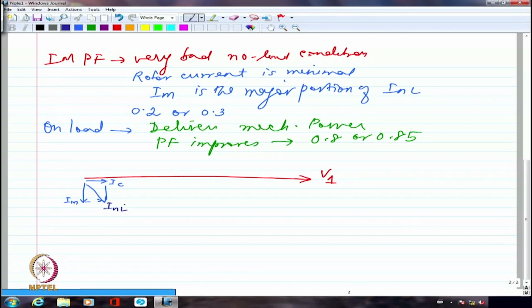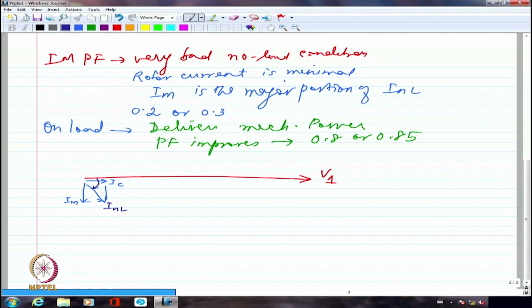Even the power factor I have shown is somewhat better. Generally it will not be that way. No load power factor is this, right? This is the no load power factor angle. Even that angle I am showing around 60, 65 degrees, it can't be like that. It will be more than that, normally, if it is a well designed induction motor.